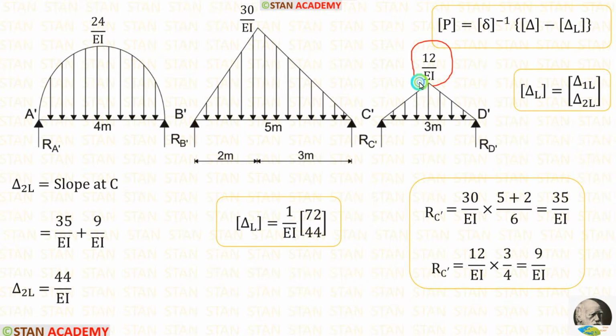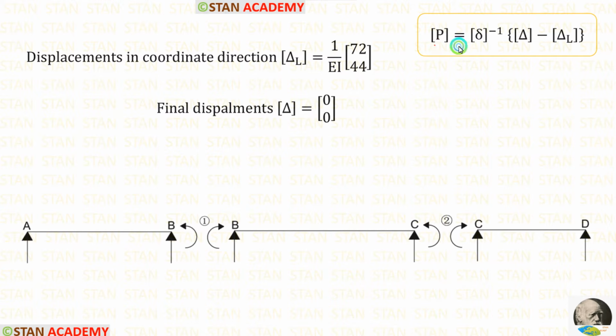Here W is 12 upon EI, L is 3. When we apply the values in the formula, we are getting 9 upon EI. Let us add both of these values. After adding, we are getting 44 upon EI. So, using the formulas, we can easily calculate delta L matrix.